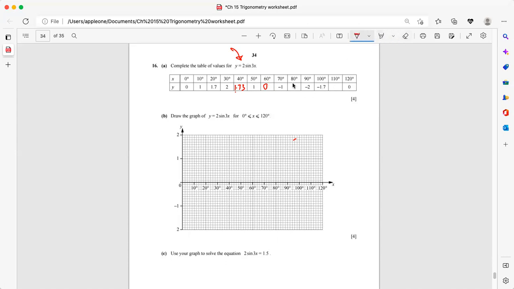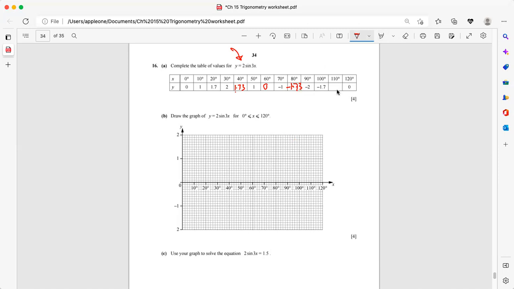Then what about 80? 2 sine 3 into 80, 240. So minus 1.73, yes.